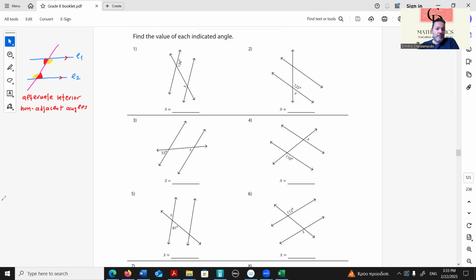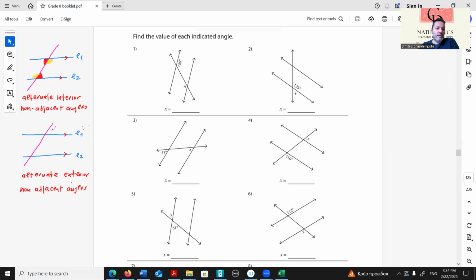Second case, when, again, we have two lines L1 and L2, which are parallel. So let me denote this with arrows. And are once again cut by a third line, then the alternate exterior non-adjacent angles are also congruent.